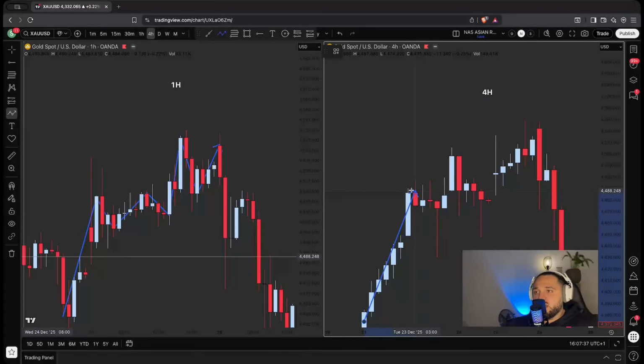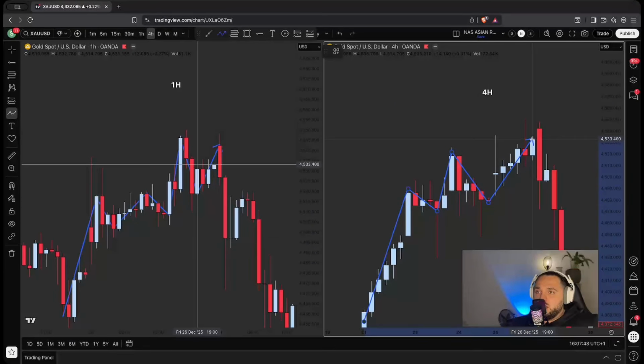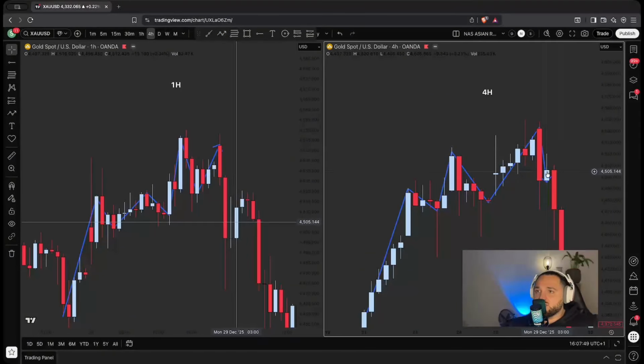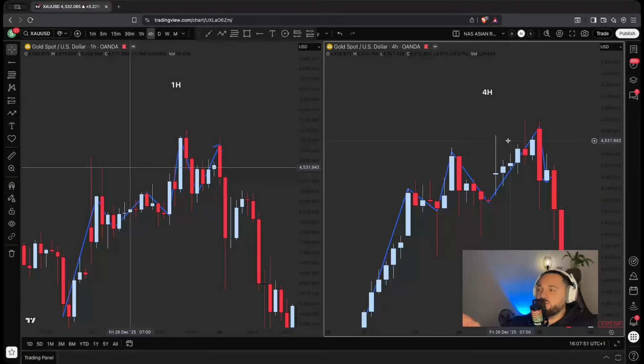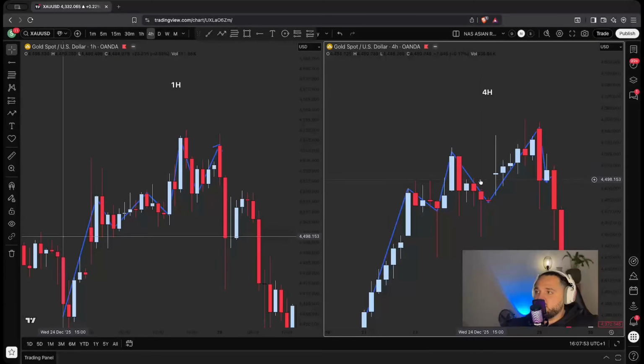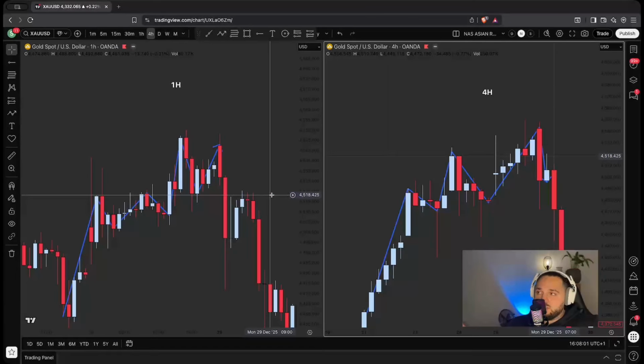Here we had a higher high, here we had a higher low, higher high, higher low, higher high, and higher low. And as you can see, the crosshairs on the 4-hour and the 1-hour time frame can both see that they are on a bullish market structure.